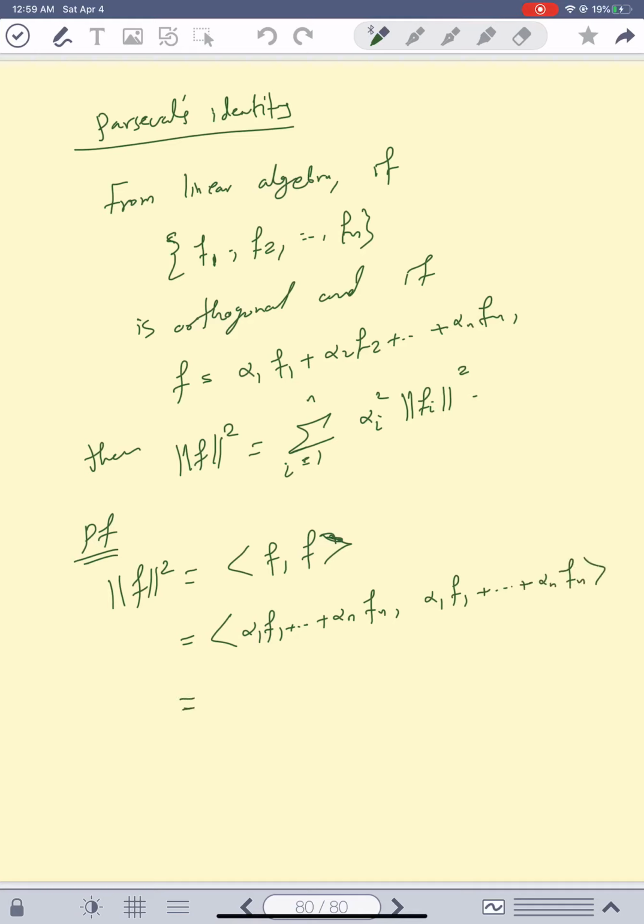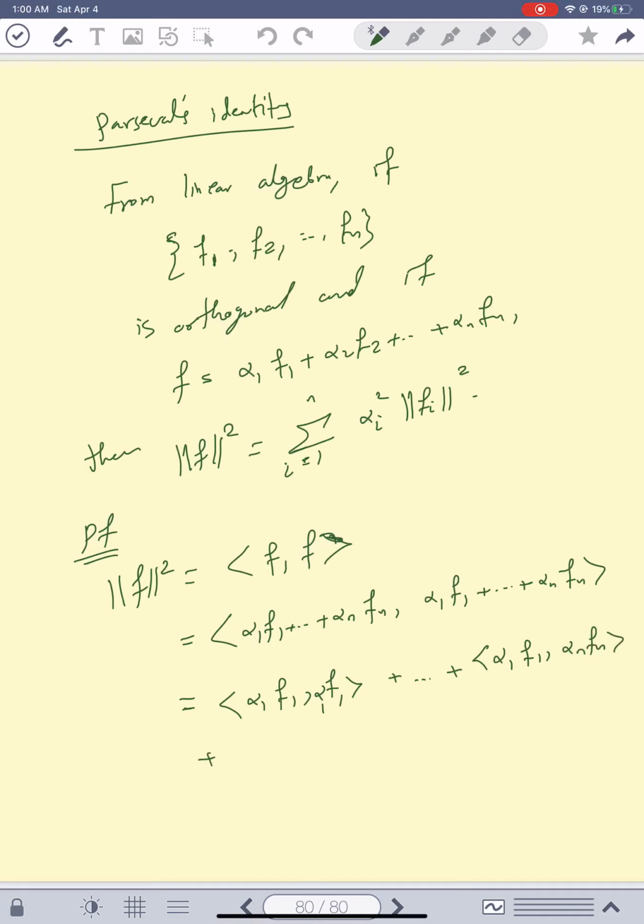If you distribute, this means alpha 1 f1 inner product alpha 1 f1, plus alpha 1 f1 inner alpha 2 f2, all the way up to alpha 1 f1 with alpha n fn.